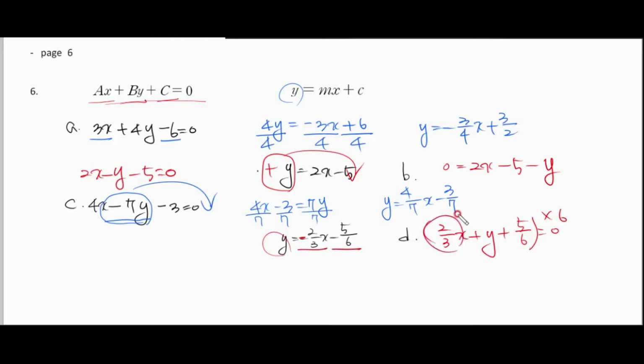And 2 over 3 times 6 will be 4x, plus 6y, and 6 times 5 over 6 will be 5, equals 0. So let's write that again: 4x plus 6y plus 5 equals 0. So this is the answer.